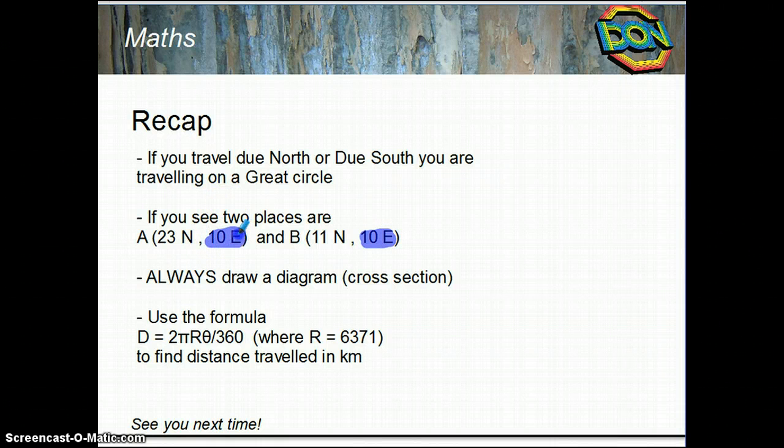So they're the same measure east or west, which means you can travel due north or due south between them. Always draw a diagram, a cross-section through the Earth. Use the formula D equals 2 pi r times theta over 360. Remember, r is 6,371 kilometres approximately to find the distance travelled in kilometres. Okay, that's it.